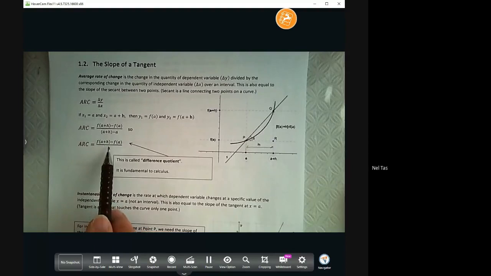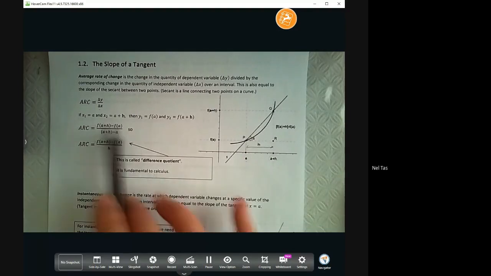And if you expand and simplify, you get h for the denominator. Okay, so average rate of change is f of a plus h minus f of a over h. This is called the difference quotient, and it is fundamental to calculus. So that is average rate of change.